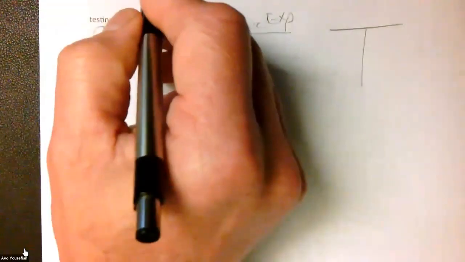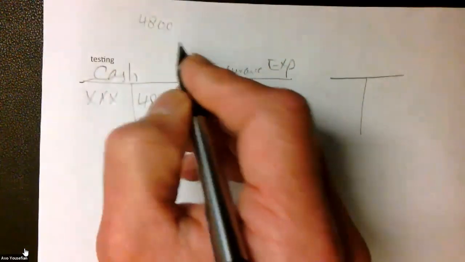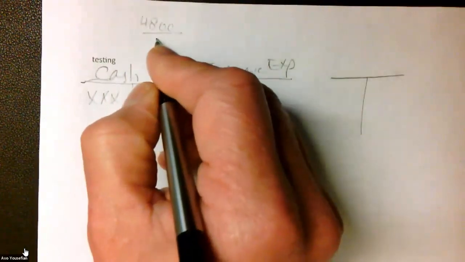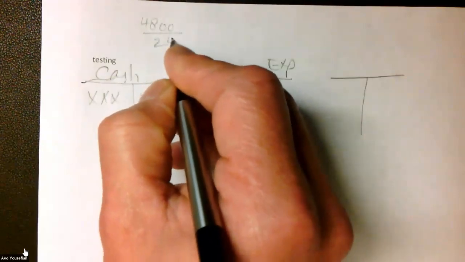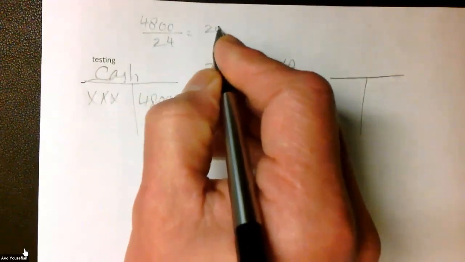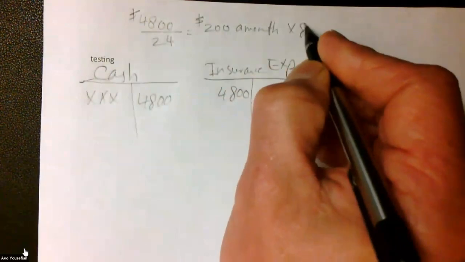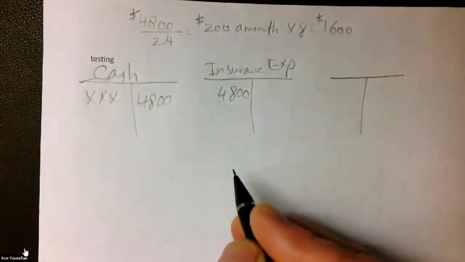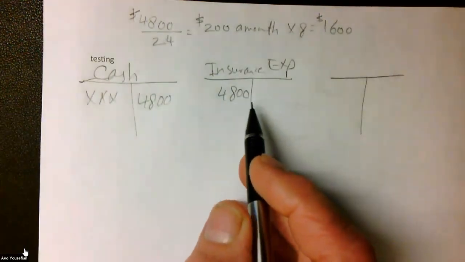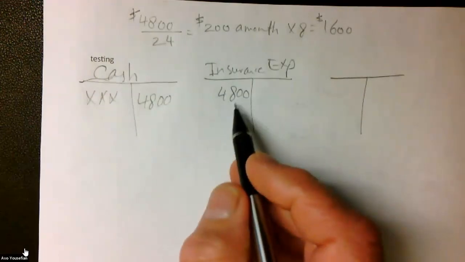How do you know that? $4,800 divided by 24 months, that's $200 a month, times 8, that's $1,600 insurance expense. But how much insurance expense do we have? $4,800. That's way too much, right? So you have to adjust that.